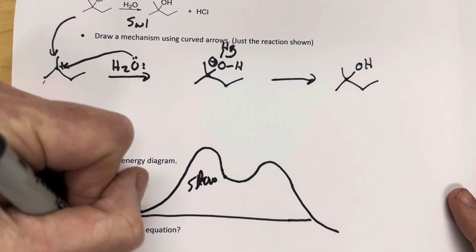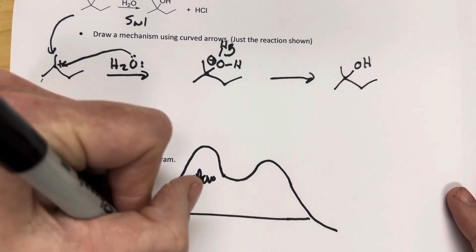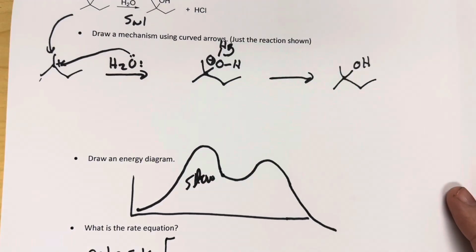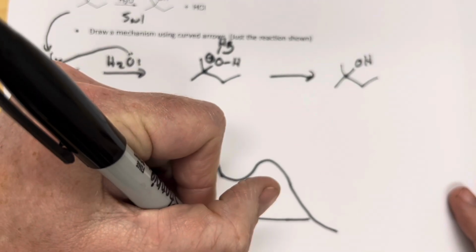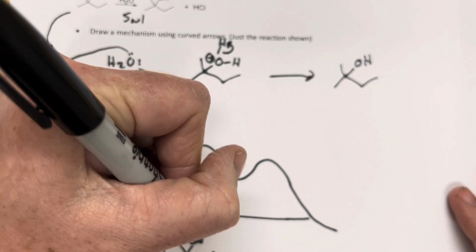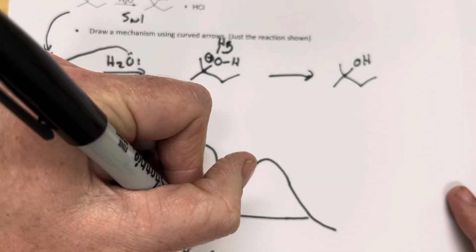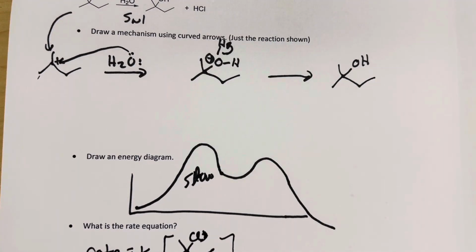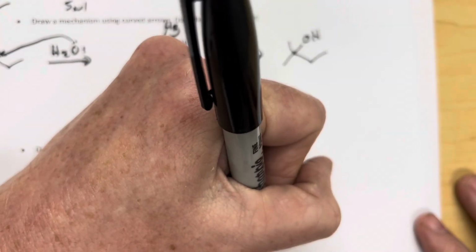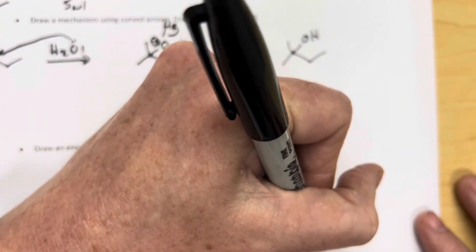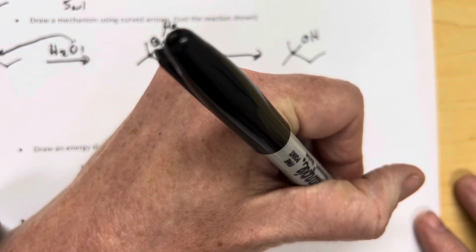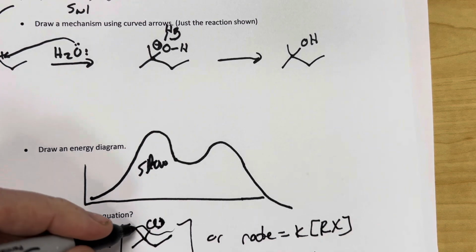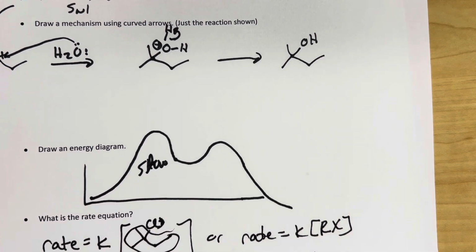So our rate would be k times the concentration of this thing. I don't know why I wrote that bracket. There you go. So another way that we would write this, and that we've been doing in class, is just calling this thing RX, okay, where the R is all of this and the X is that Cl.